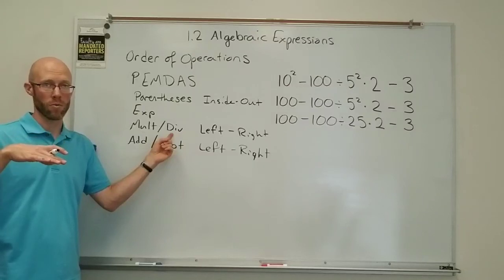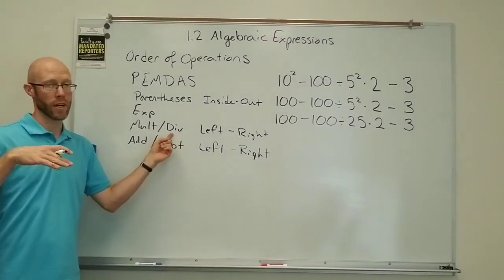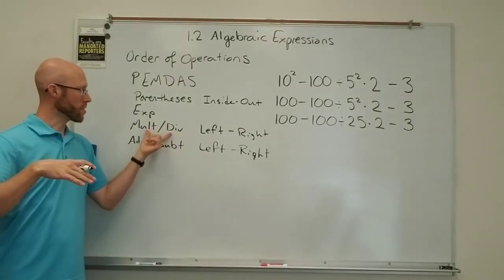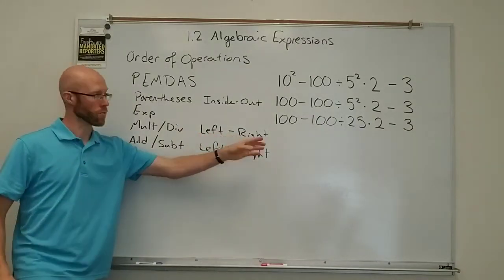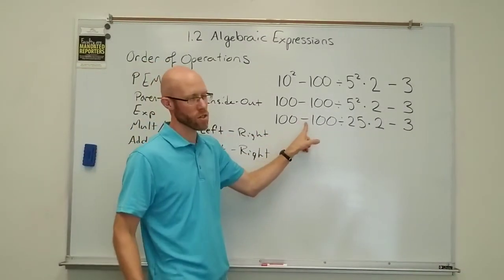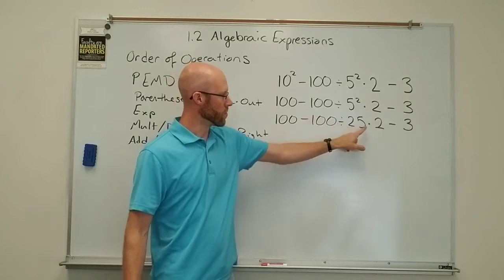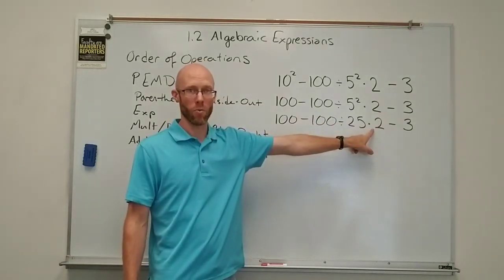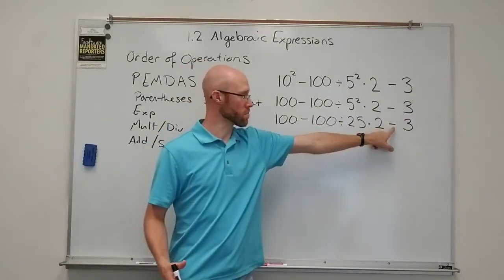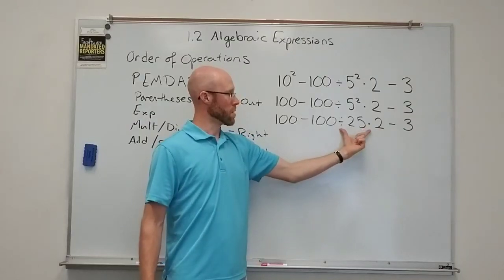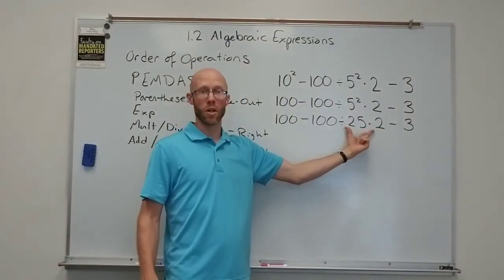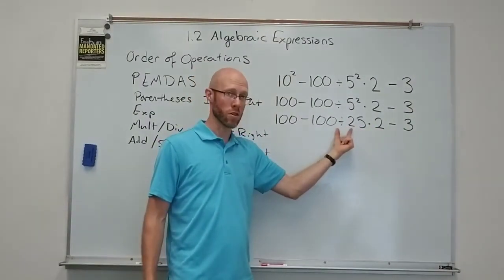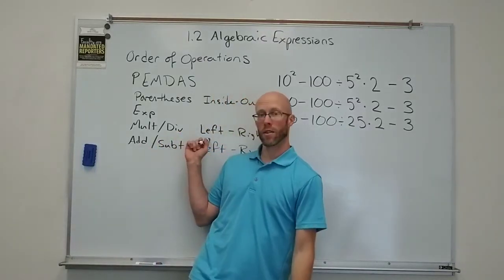Now, the order of operations would say once the exponents are done, we jump down to multiply and divide. It's the layer that we're on, not a specific operation. And in this layer, we always work left to right. So when I look at these operations, the subtraction I can skip. The division and the multiplication are the ones I need to focus on in this layer. So we're debating between the division and the multiplication, and we're going to actually choose the division first, again, because it is on the left.